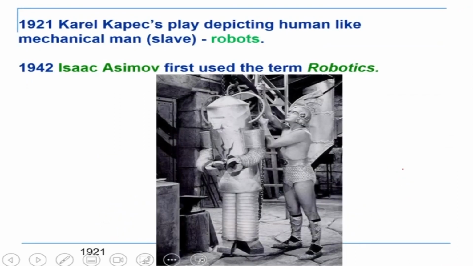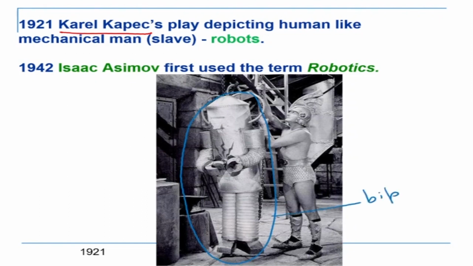Just for historical interest, we said that in 1921 Karl Capek was the first person who used the word robot, or robota in the Czechoslovakian language, when he wrote his play of mechanical men replacing human beings in industries to do dirty jobs. Here also, you can see that the first concept of the robot actually is a biped. It has 2 legs, so it's a biped.